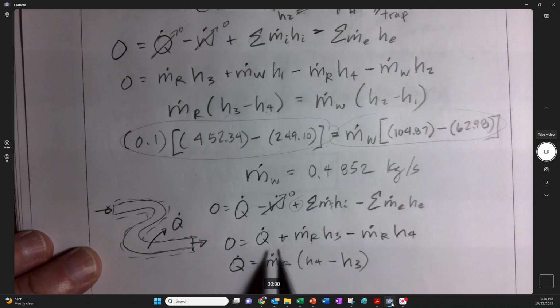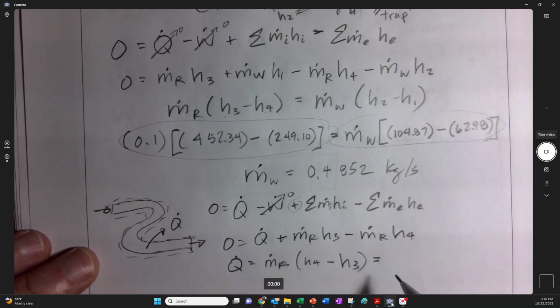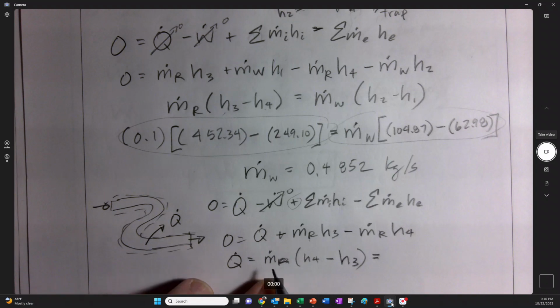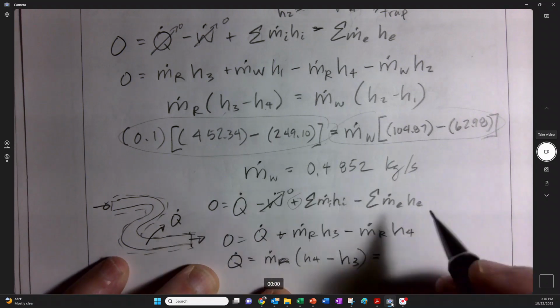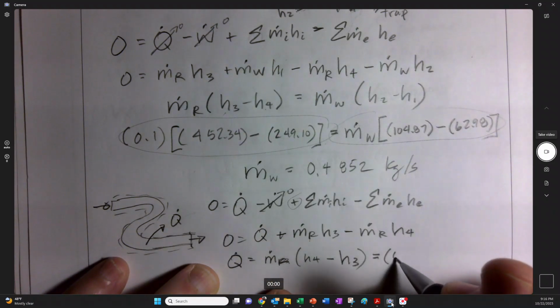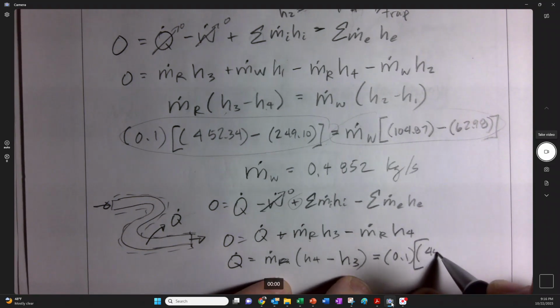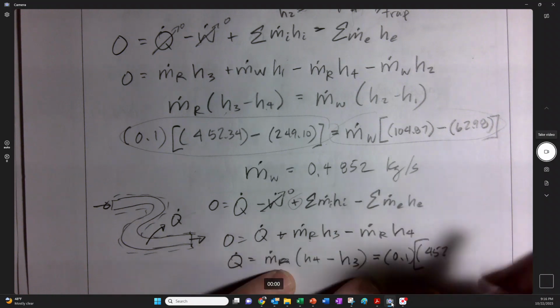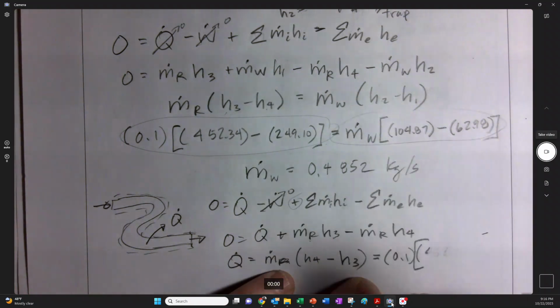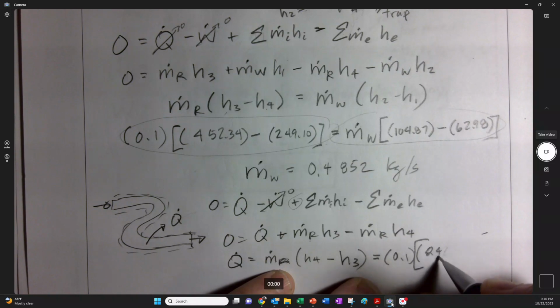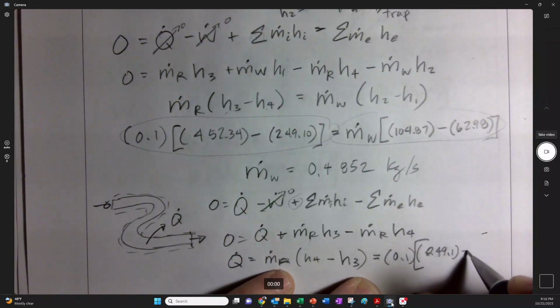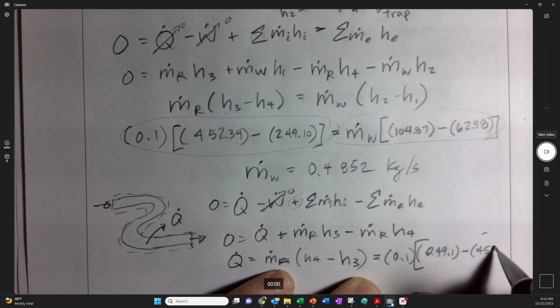Should we go on to the other side? Because this heat is leaving, we're going to get a negative number. So you get 0.1 times 249.1 minus 452.34.